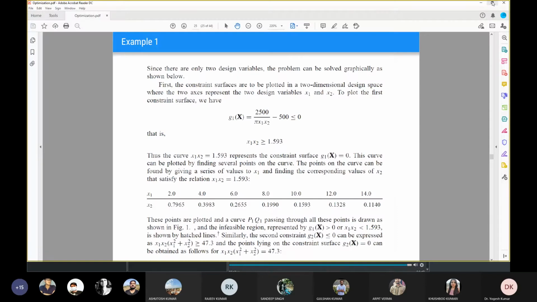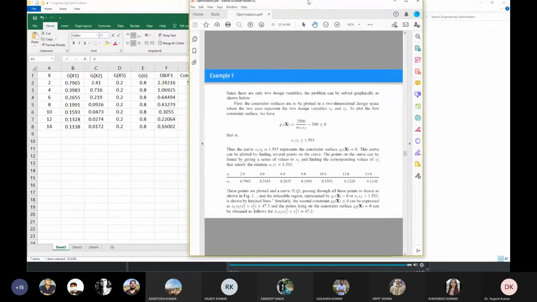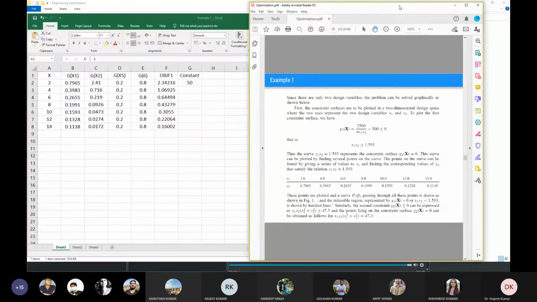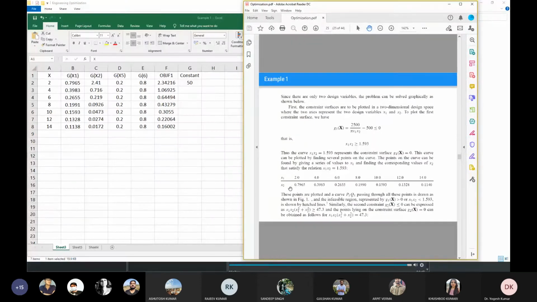And then we have the corresponding values of x2, which are corresponding to your objective function g1x, for 2, 4, 6, 8, 10, 12, 14.